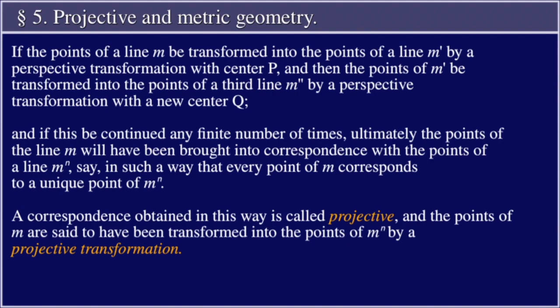A correspondence obtained in this way is called projective, and the points of M are said to have been transformed into the points of Mn by a projective transformation.